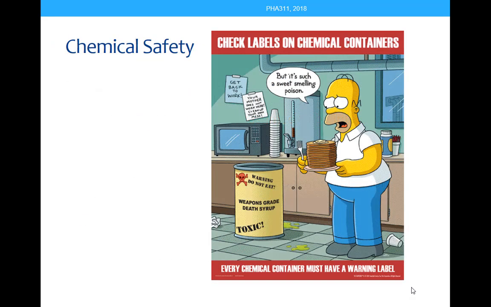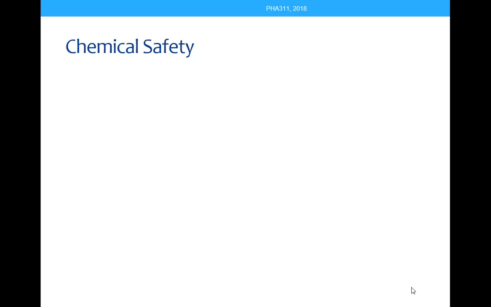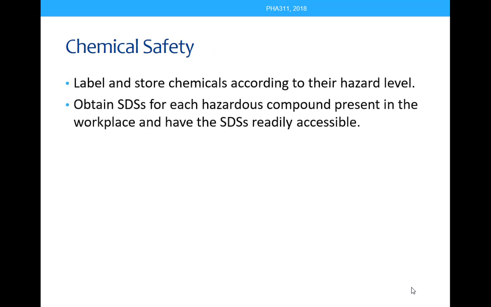Chemical safety. Now, in a biochemistry lab, chemicals are everywhere. You will be sitting, sleeping, and drinking chemicals. So you have to be very, very cautious about chemicals. All the chemicals in the laboratory must be labeled very clearly, and they should have what is known as MSDS or SDS, safety data sheets, or material safety data sheets.